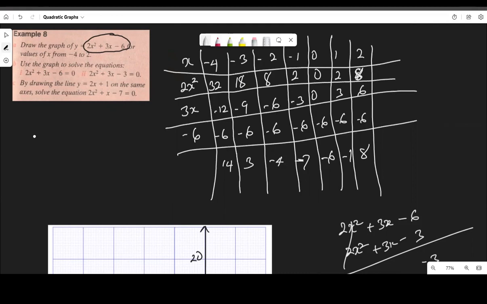So if I have y equal to 2x squared plus 3x minus 6, and I subtract from it 2x plus 1, this minus this will give me x, and minus 6 minus 1 is minus 7. So you can see that this equation now becomes 2x squared plus x minus 7.